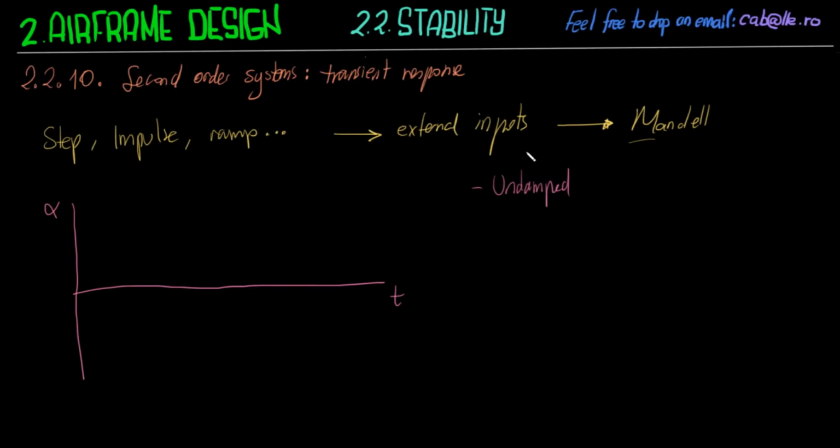By the way, it's not always easy to model an external moment. For example, imagine that our rocket is flying vertically and suddenly it finds a lateral crosswind. Well, this isn't actually a step moment like Mandel defends in his book.